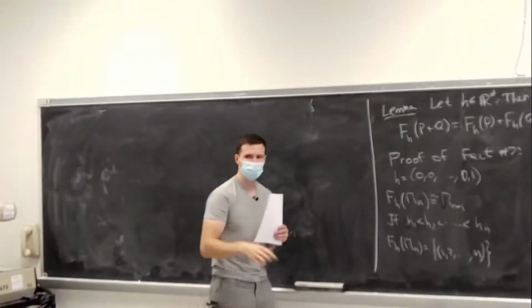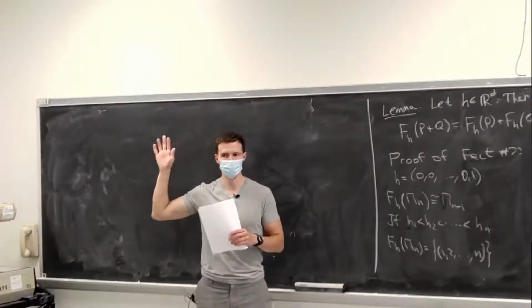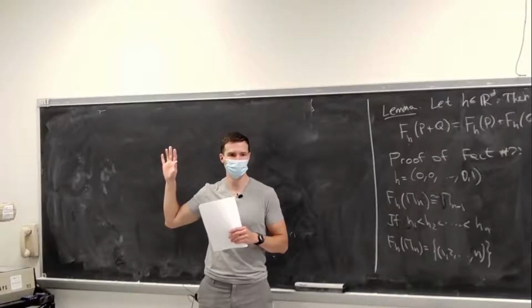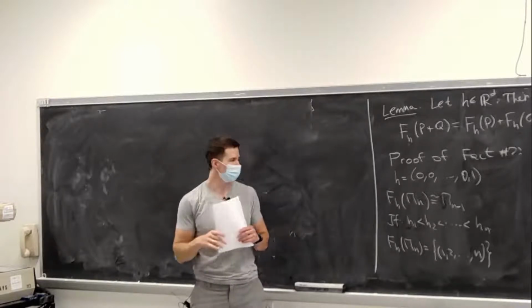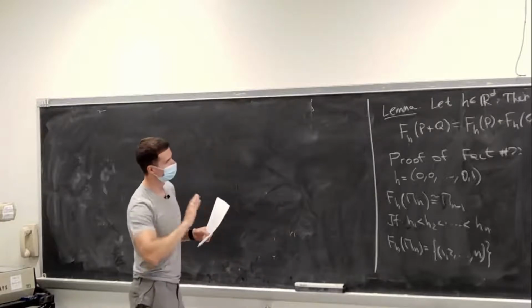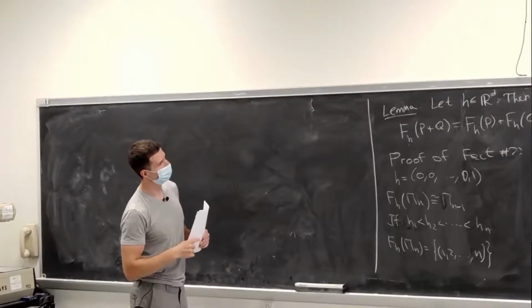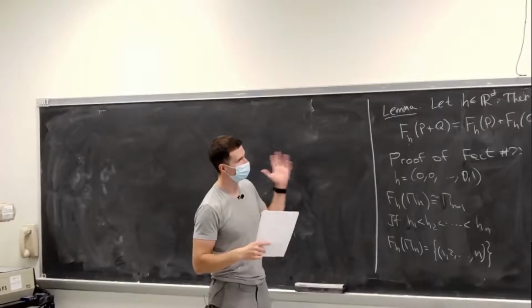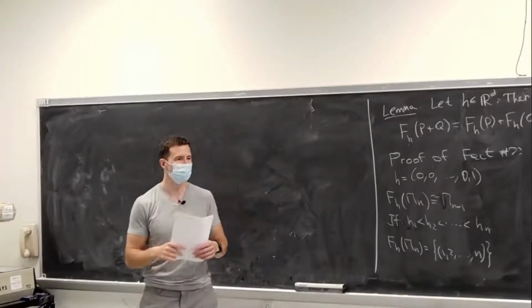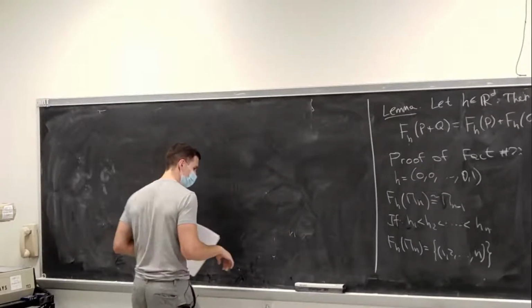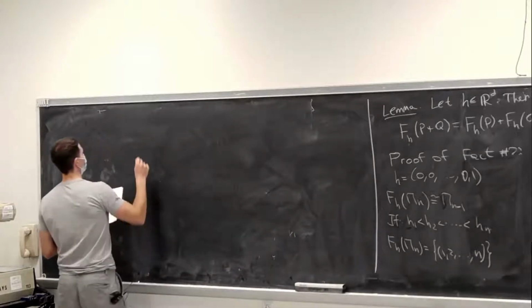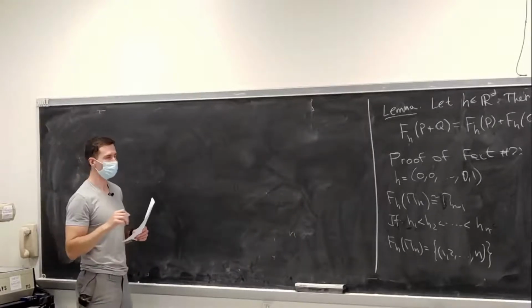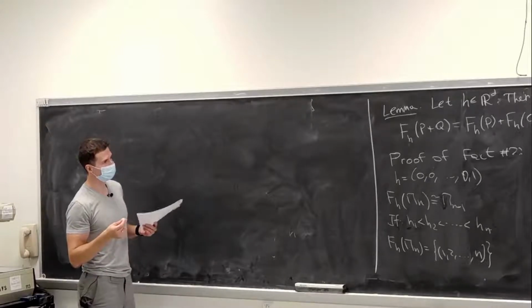By the way, how many people know about root systems? 1, 2, 3, 4, 5, 6. All right, about half of all people. That's perfect. So those of you who know, just try to think about how to generalize these two facts to root systems. If you don't know root systems, then I'm going to explain them. It's not going to take very long. So I'm going to start with reflection groups.